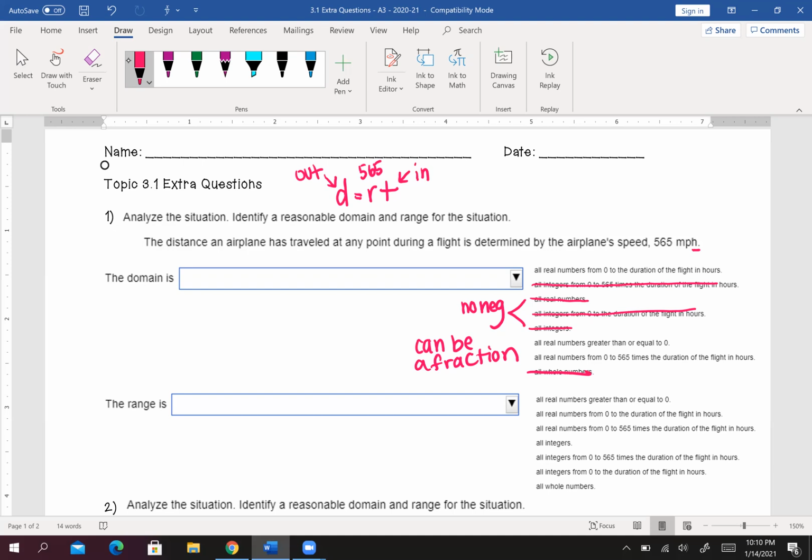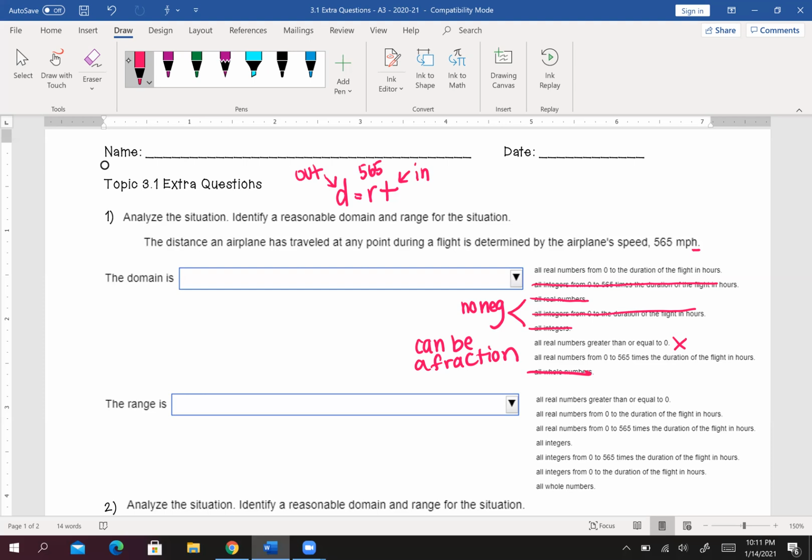So that first option is looking pretty good to me. The next one down, all real numbers greater than or equal to 0. That one, we need some limit, I think. Our flight is not going to be this indefinite flight. At some point, it would have to stop and refuel. So we can't just have an unlimited number of real numbers. So this one is not good. And then all real numbers from 0 to 565 times the duration of the flight.